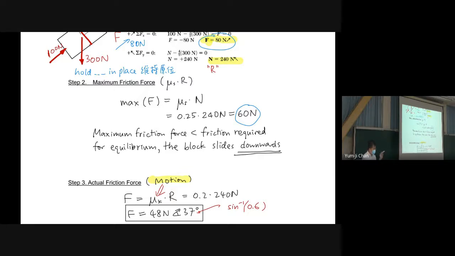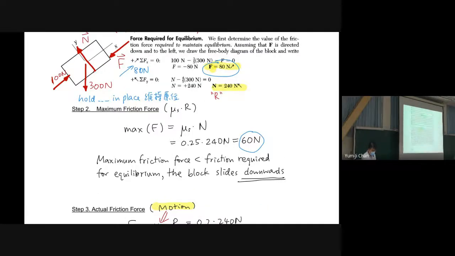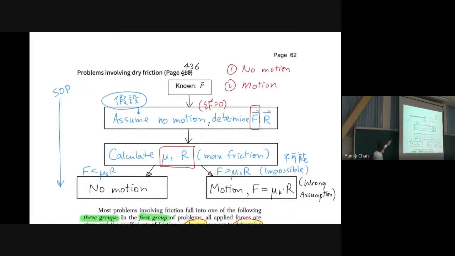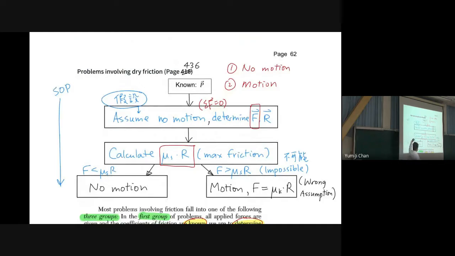Let me go back quickly to the last page. This is exactly what we did in the sample problem. We assume we have no motion, and determine the friction force and the reaction force. Then second step, we calculate mu s times R, which is the maximum friction.